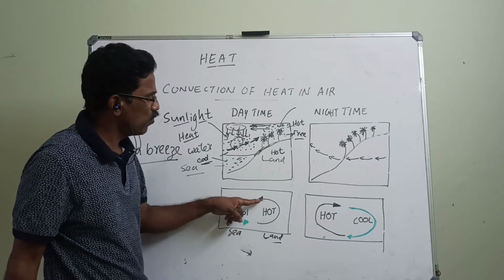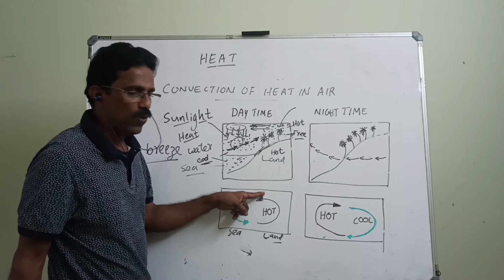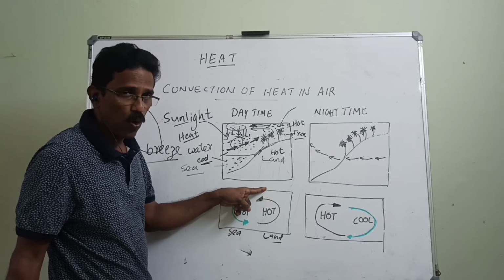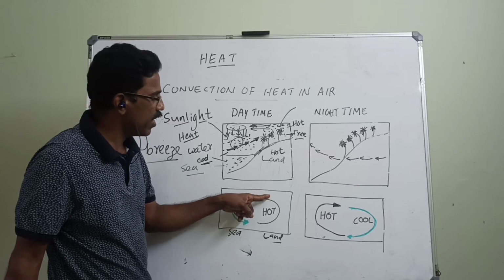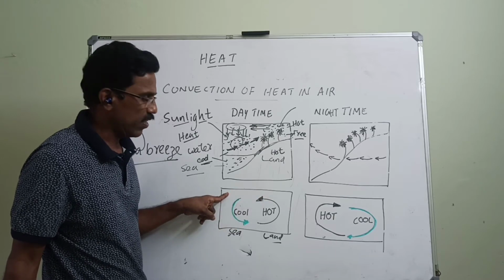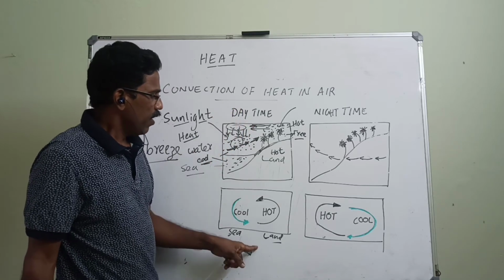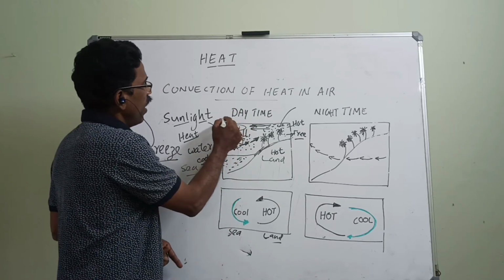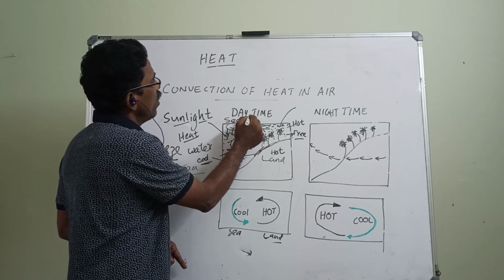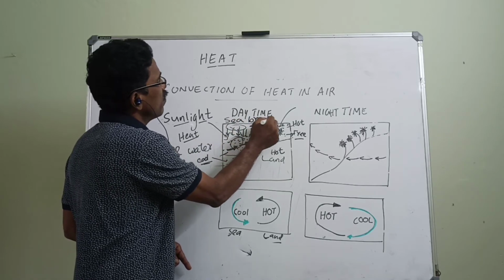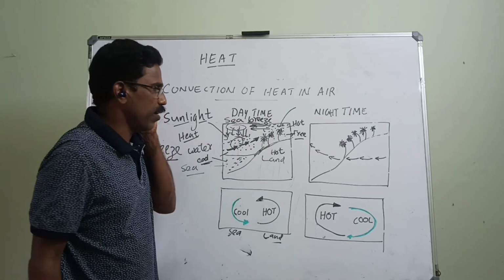This hot air moves in the upper surface of the atmosphere. This phenomenon we call sea breeze. So the daytime breeze is called sea breeze. Sea breeze happens during daytime.